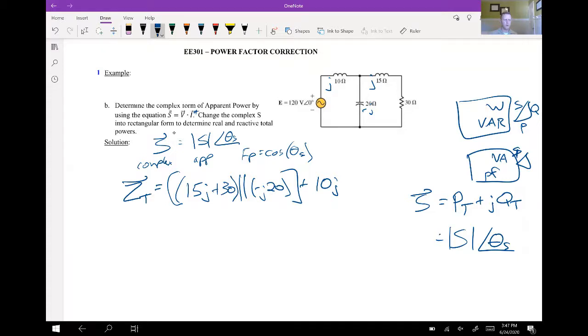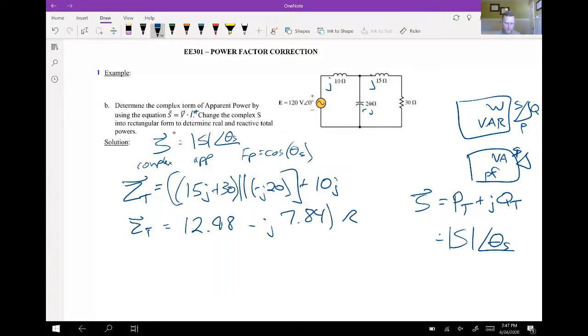Nope. Okay. So then whenever I plug all of those into the calculator, my Z total in this one comes out to, I'll put it in the rectangular form because I like putting my Z in rectangular because it tells me what my elements are. 12.98 minus J 7.84.